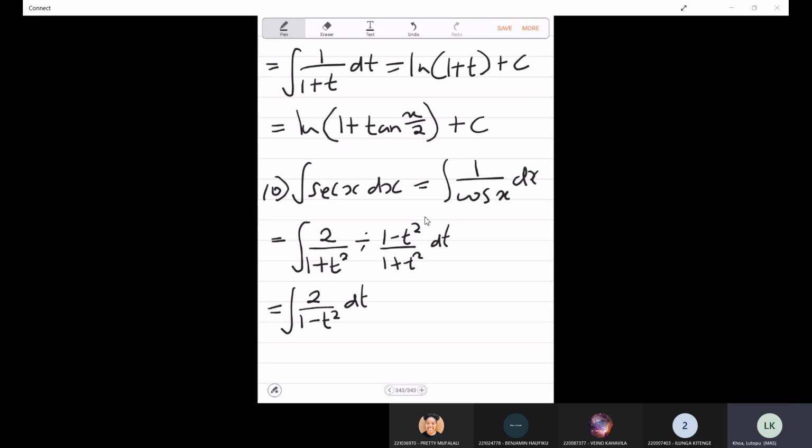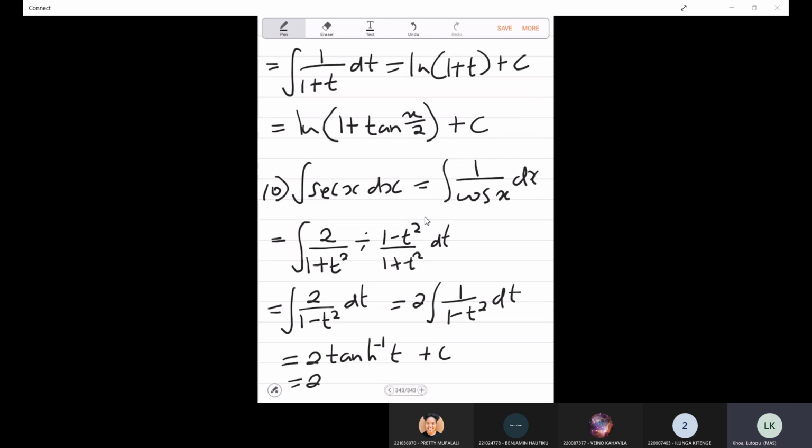Okay, so now the 2 can go outside. So this is 2, the integral of 1 over 1 minus t squared dt. And this one here, we just integrate as the hyperbolic tan inverse. So this is 2, the hyperbolic tan inverse of t, and our constant of integration, and then we substitute t.